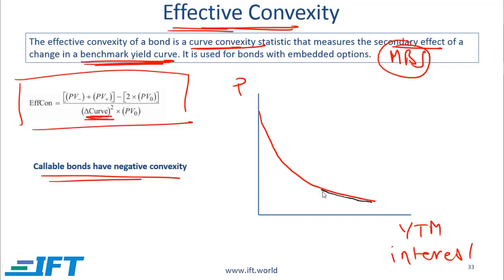But as interest rates decrease, the value of the callable bond will diverge from the value of a straight bond because the bond is likely to be called at low interest rates. Notice that over here, the shape is not convex. This is concave, but generally this is referred to as negative convexity. Negative convexity also implies that over here the interest rate sensitivity is much lower than the interest rate sensitivity of a straight bond.